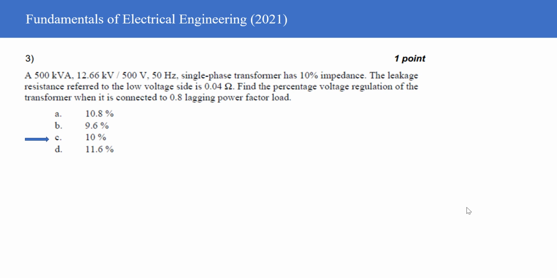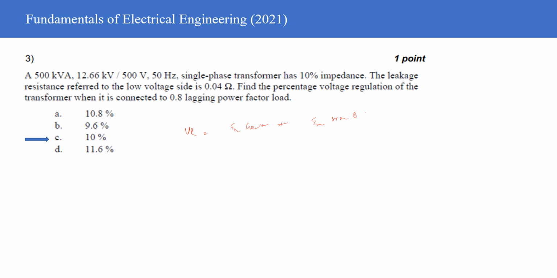All right. So as we had seen before, the formula is voltage regulation is equal to ER cos theta plus EX sin theta, right?